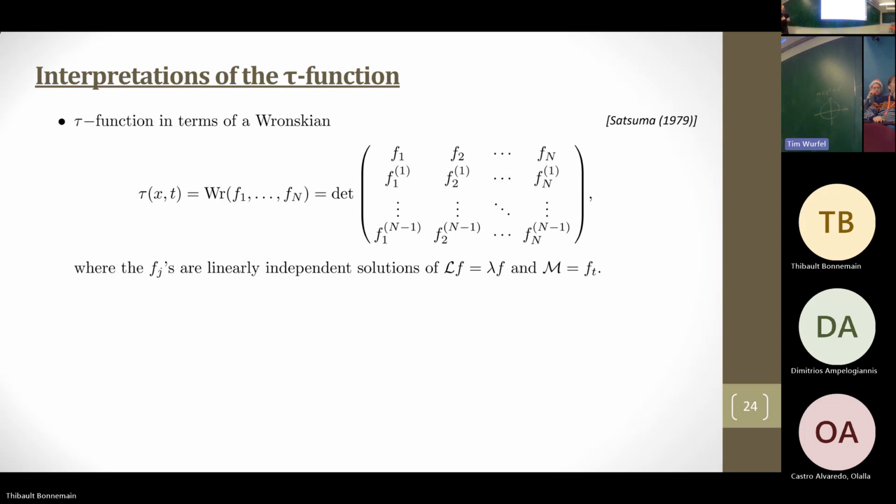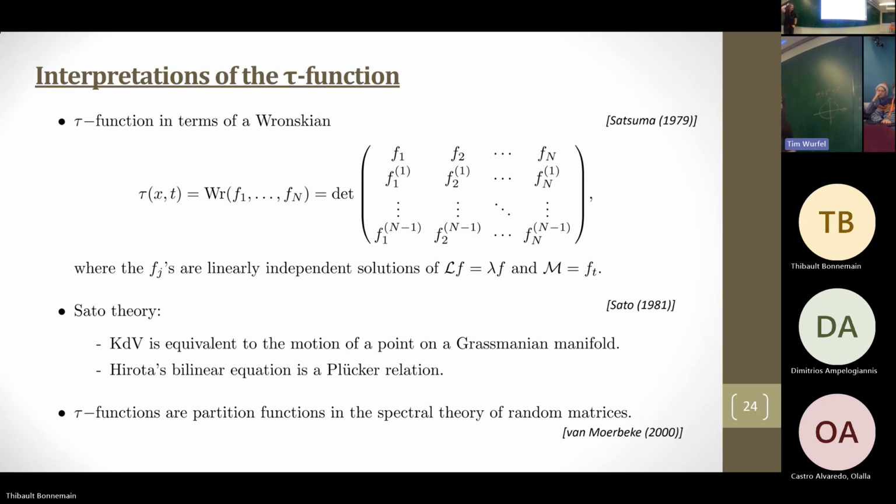So the last two interpretations for the tau function I want to mention are things I'm not too familiar with, and that's something I want to delve deeper into, but not at the time yet to do so. But I think it's still interesting to mention them because maybe some of you are familiar with this. The first one is called Sato theory. It was developed in 81 by Mikio Sato. It was first developed to tackle the KP equation, Kadomtsev-Petviashvili, which is a 2D version of KdV, still integrable.